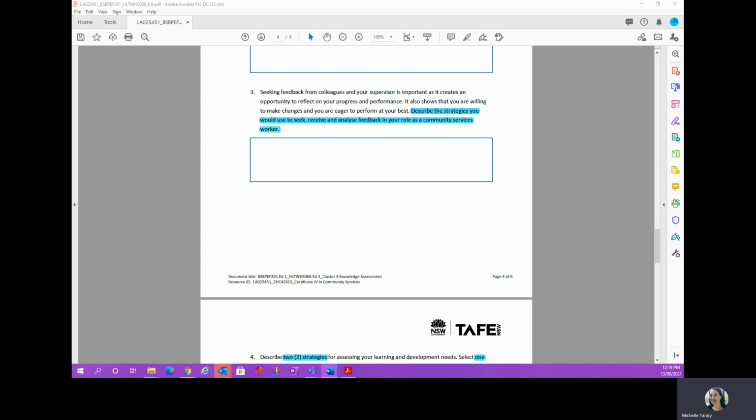And analysing is that next level where you're going to use it in some way. How are you going to make sense of it and then put it into practice? So make sure you cover those 3 areas in your answer. You're seeking, receiving, and analysing strategies in regards to your feedback about your work.